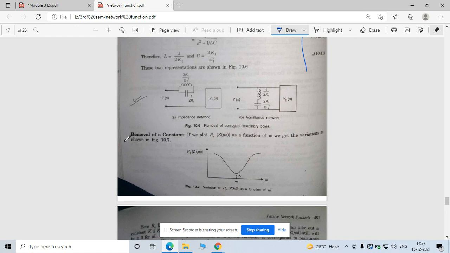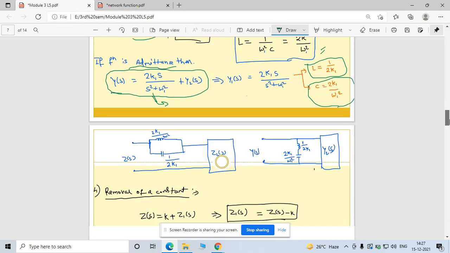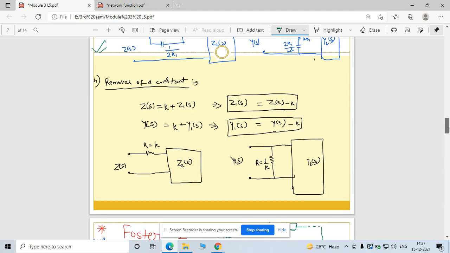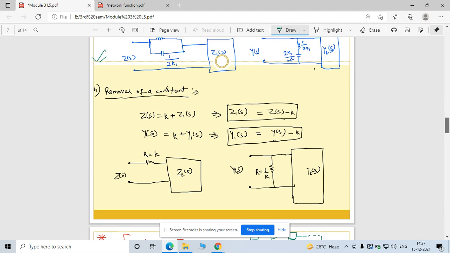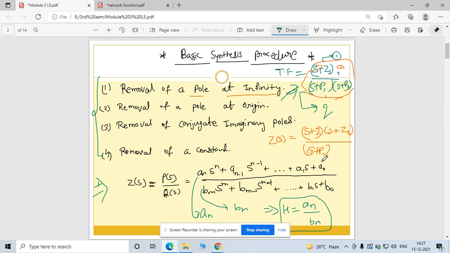Now the removal of constant. This is very simple, right? How to remove the constant is, and these are the circuits. Now, for any format there is also some constant present. See here in the standard equation, this is the constant, right?